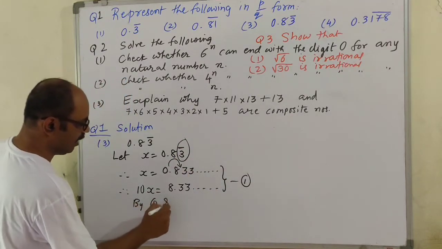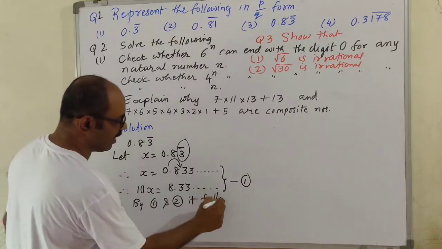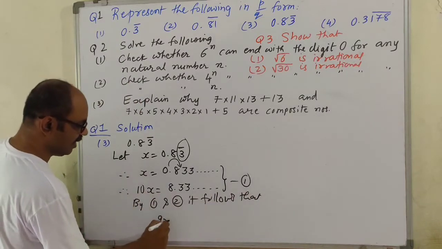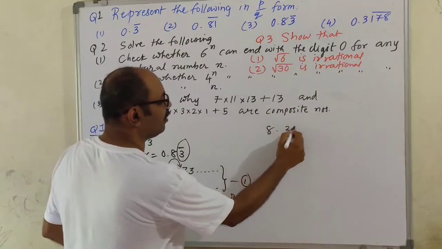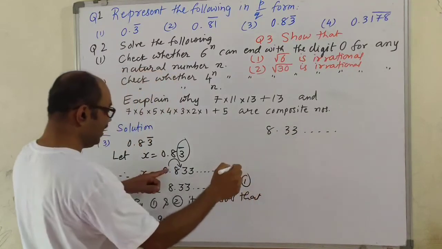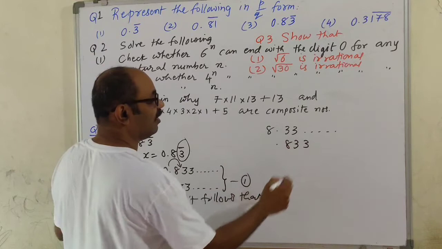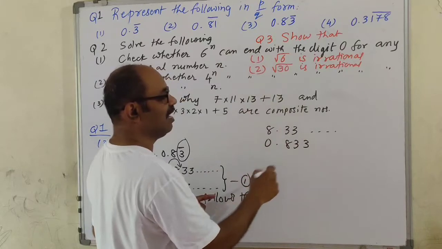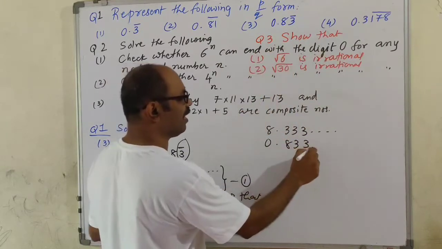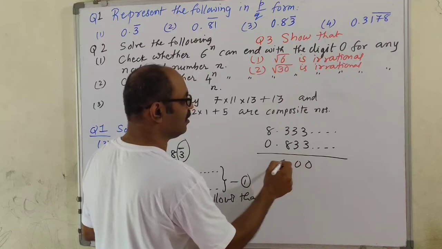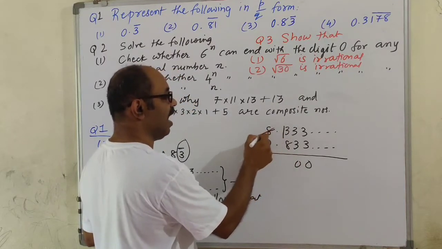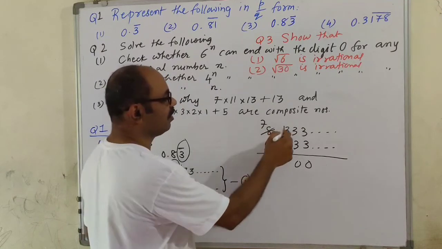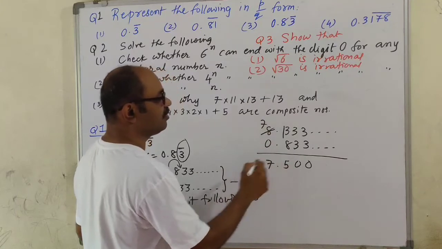By 1 and 2, it follows that 10x minus x, that is 9x, इसको subtract करेंगे. 8.33 dot dot dot, point के नीचे point, 833, मैंने कहा था, और ये 0. Subtraction के वक्त थोड़ा adjustment कर लेना. Or how many 3s you want you can write. Correct. Now this is 0, this is 0, now this is not 0, so 13 and 1 is carried, 1 is subtracted from here. 13 minus 8 is 5 and this is 7.